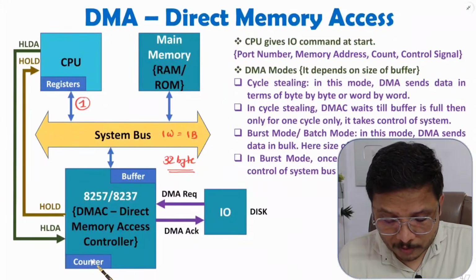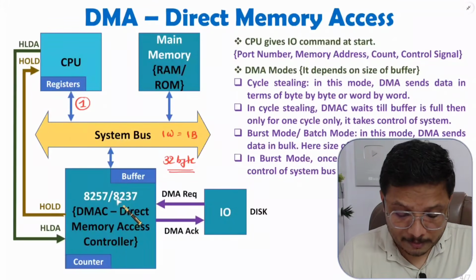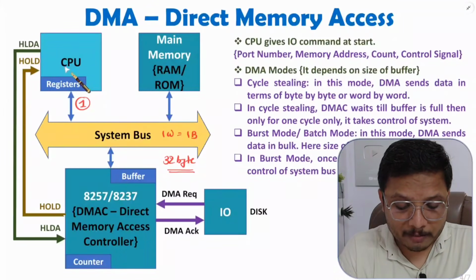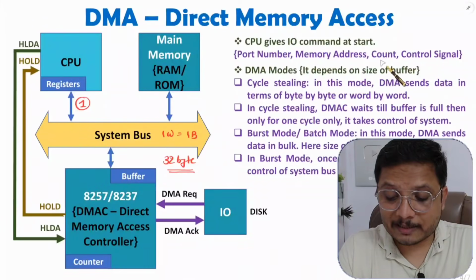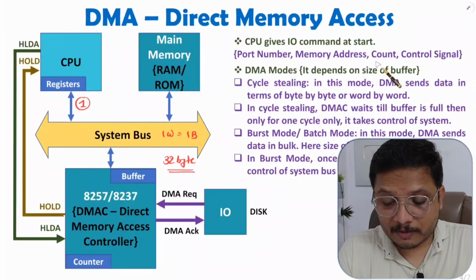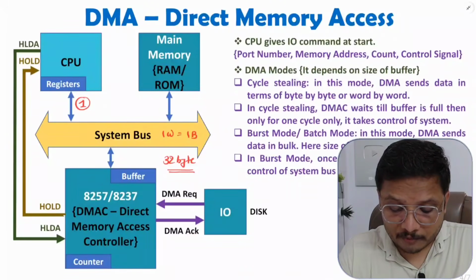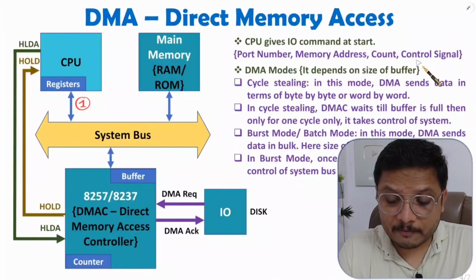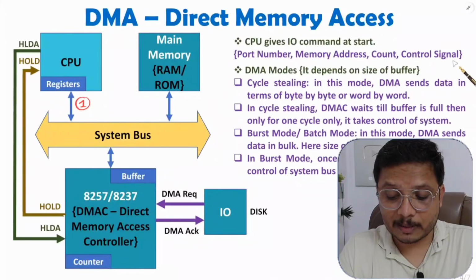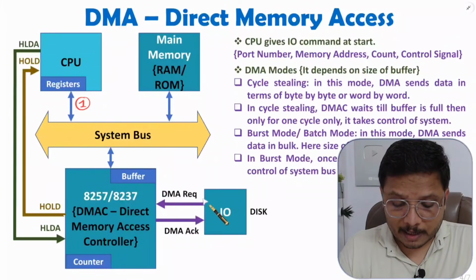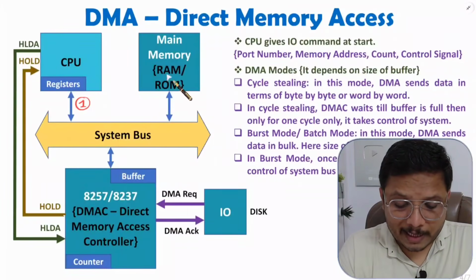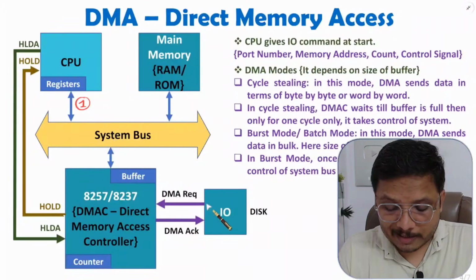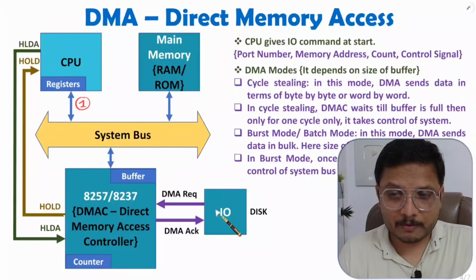Once the value reaches 0, you can say data transfer is completed without involvement of the CPU. That is the information given by the CPU in the IO command. The value of count will be given here. And the next information is the related control signals. Control signals mean whether you are dealing with writing data or reading data. This kind of control information will be given.